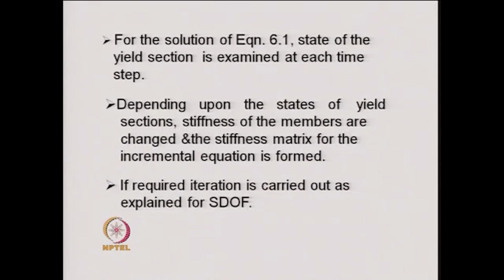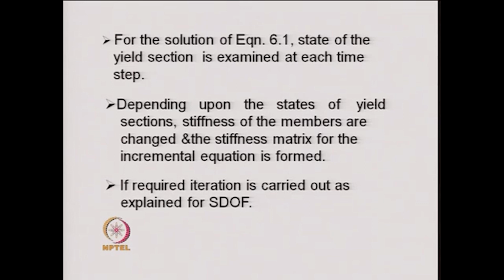The equation that we had discussed in the beginning was written for a multi-degree of freedom system: m delta x double dot plus c delta x dot plus k delta x is equal to minus m into delta x double dot g.